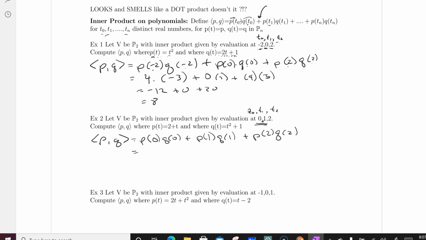Now I just get to evaluate. Put 0 into here, I get 2. Put 0 into here, I get 1, plus put 1 into here, I get 3. Put 1 into here, I get 2. Plus, put 2 into here, I get 4. And put 2 into here, I get 4 plus 1 is 5. So 2 plus 6 plus 20 gives me 28.